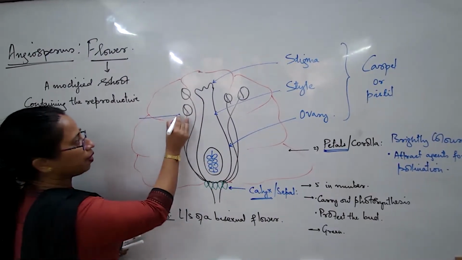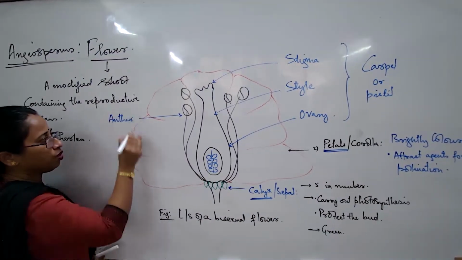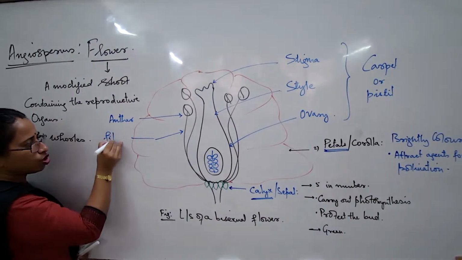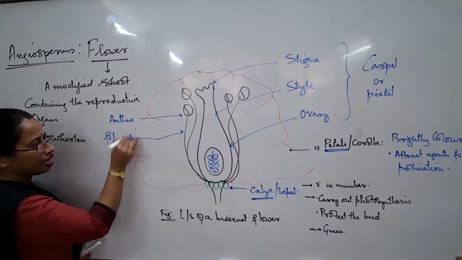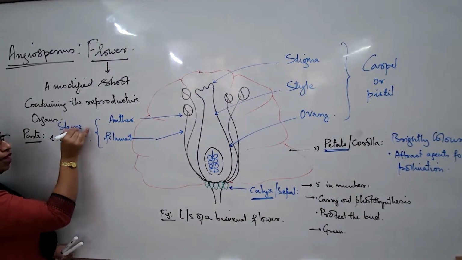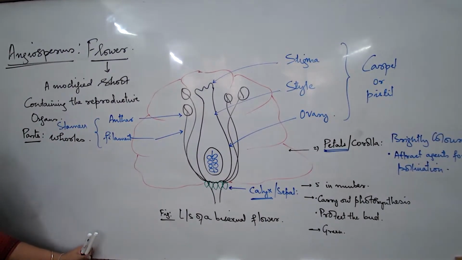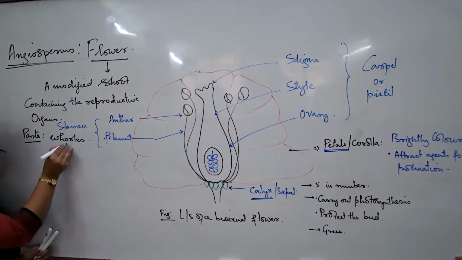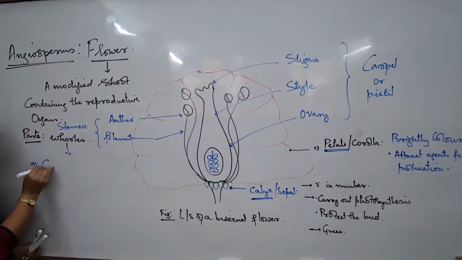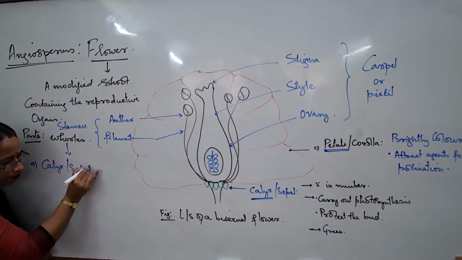When I talk about the male part, this is known as the anther, which will be producing the pollen grain, and this is known as the filament. The anther and the filament together form the male part known as the stamen. So now, which are the four whorls that I had mentioned just now? One is the calyx, also known as the sepal.